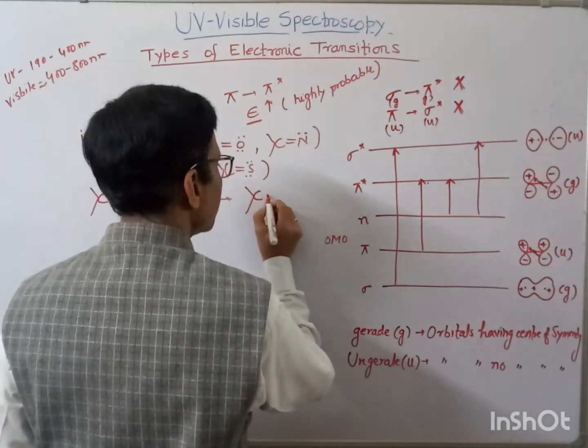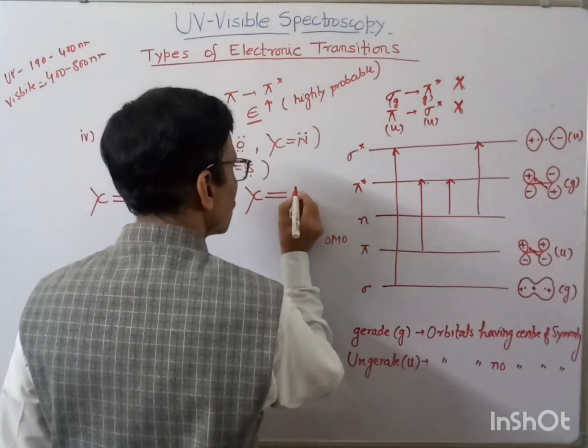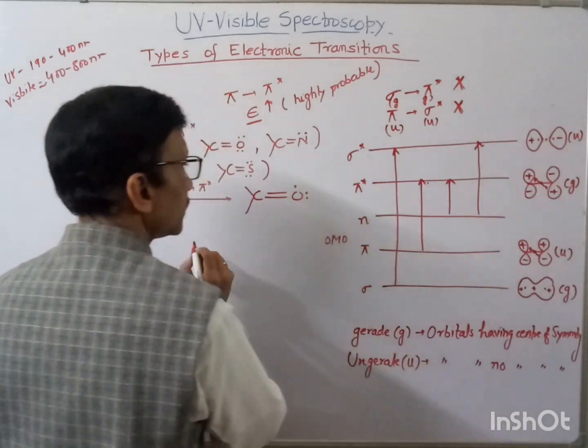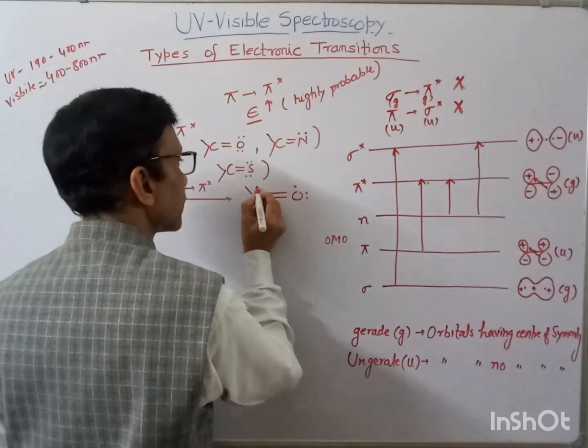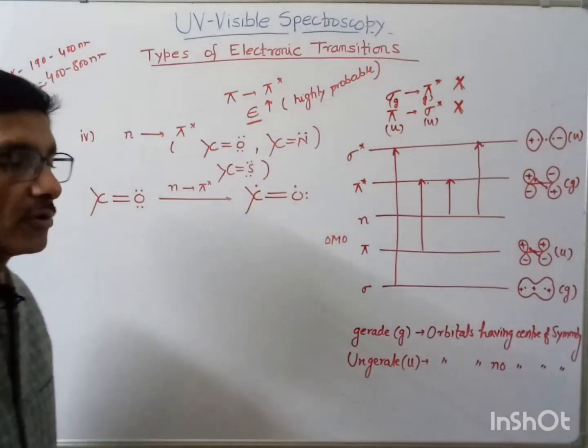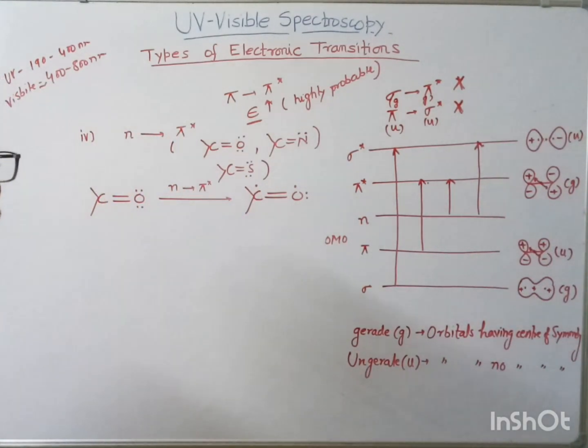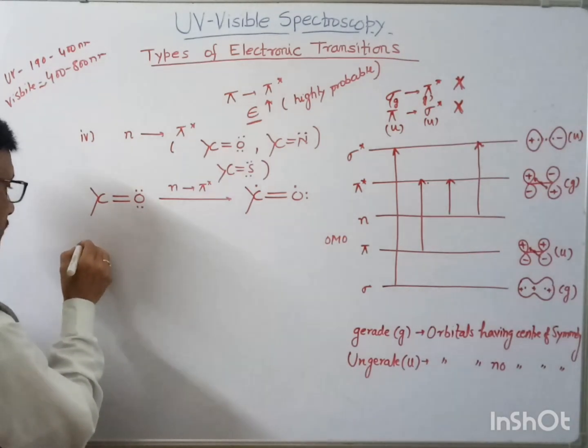So only one electron is left over here, and another electron will go into the anti-bonding region. We can represent it in this way.